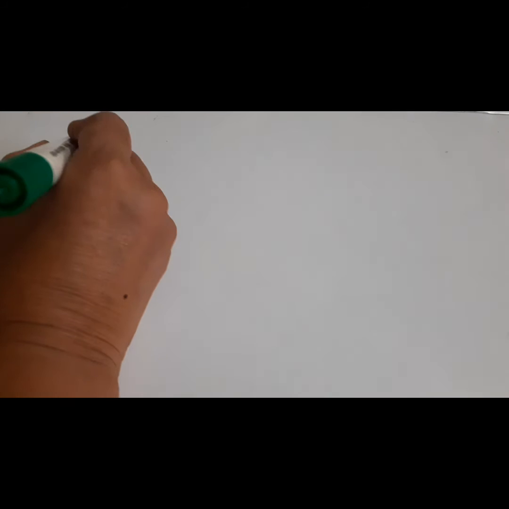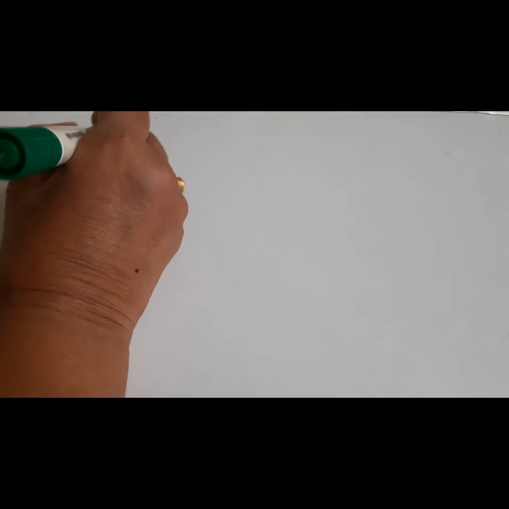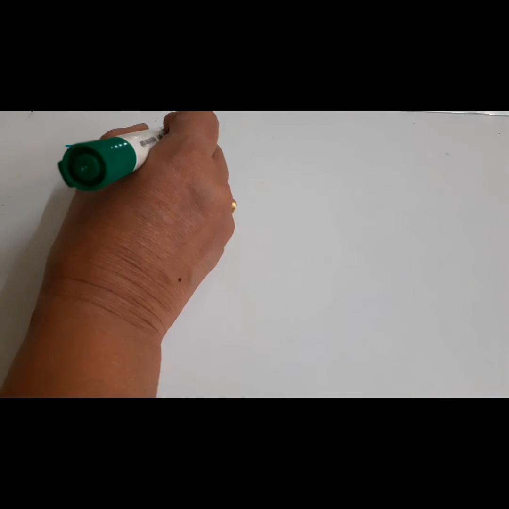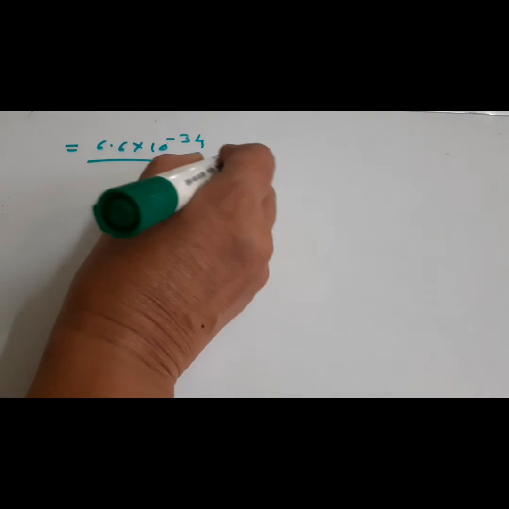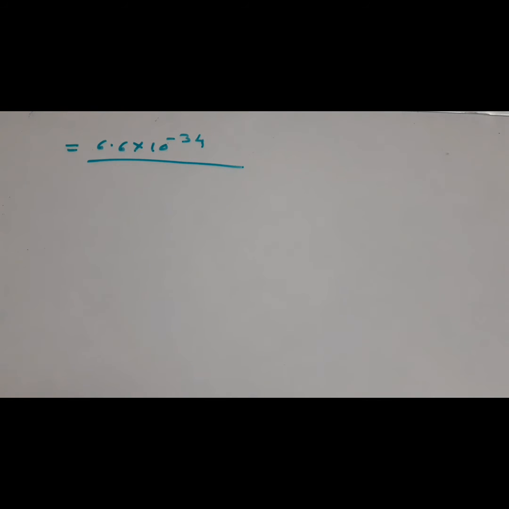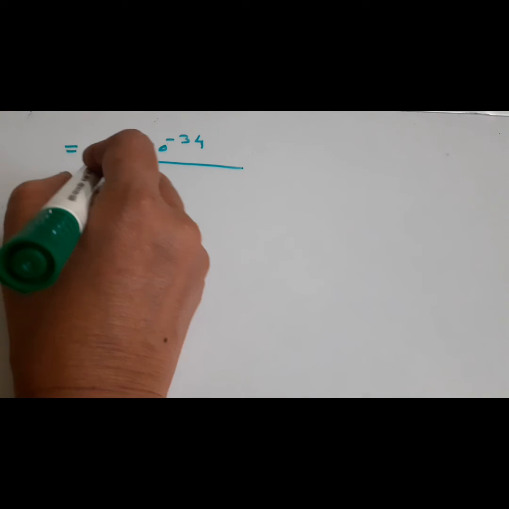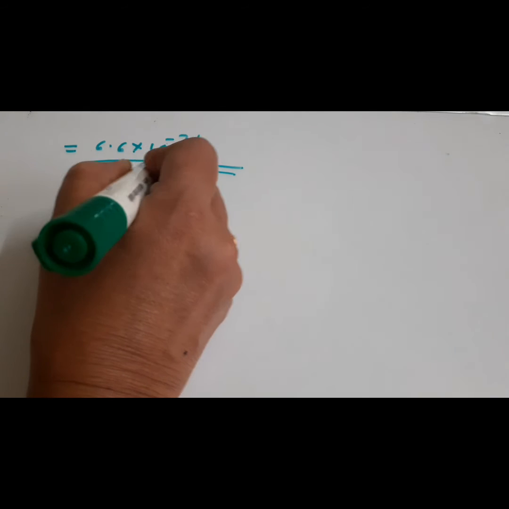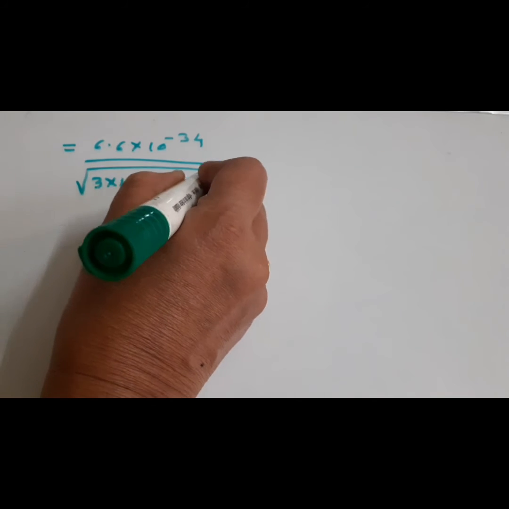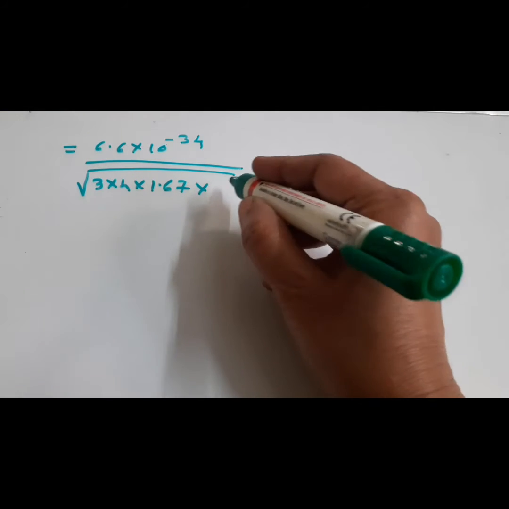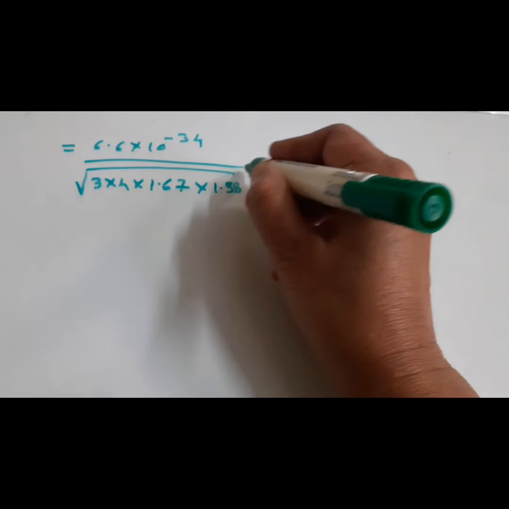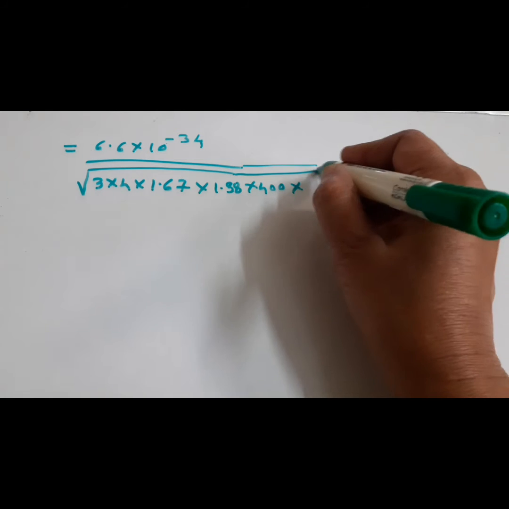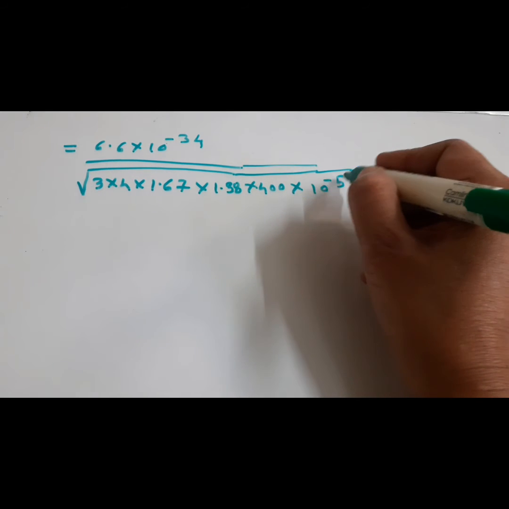That is equal to 6.6 into 10 to the power minus 34 divided by under root of 3 into 4 into 1.67 into 1.38 into 400 into 10 to the power minus 50.